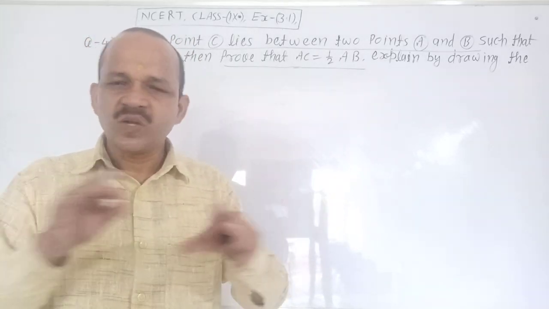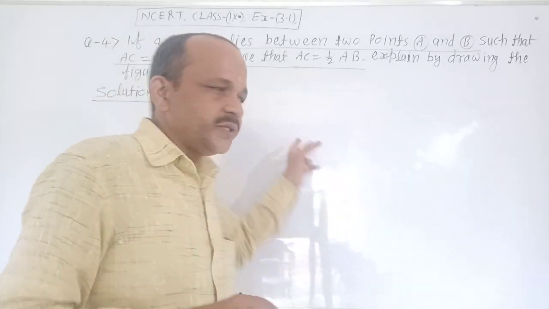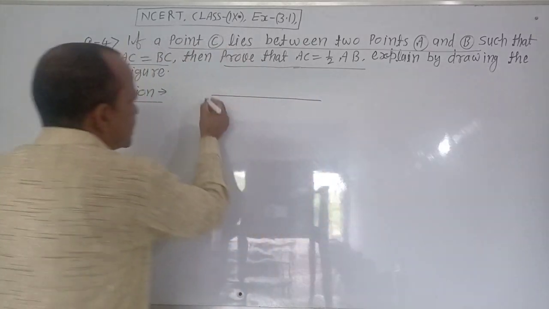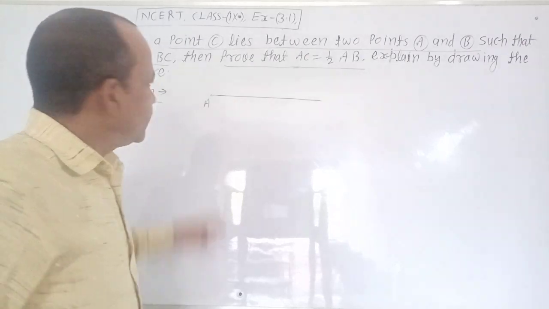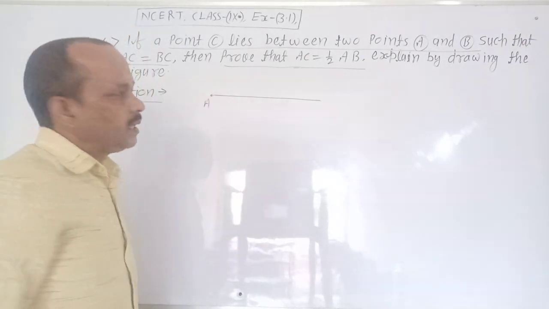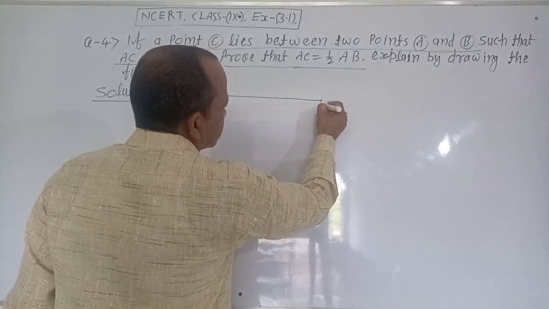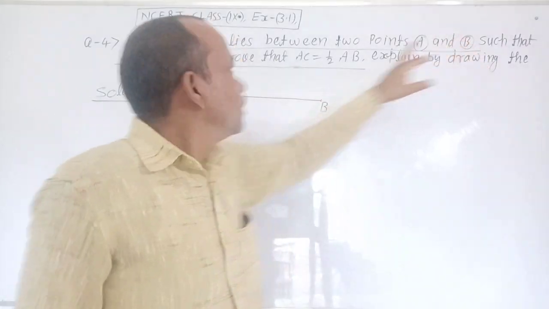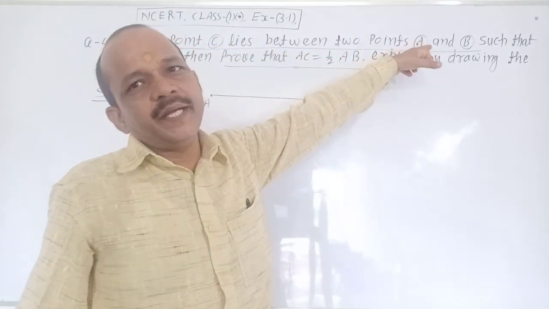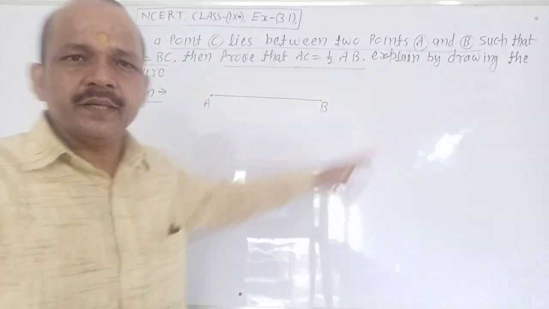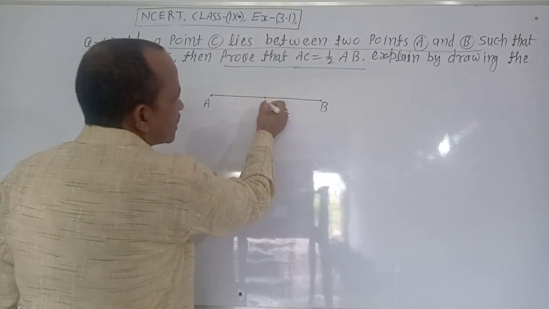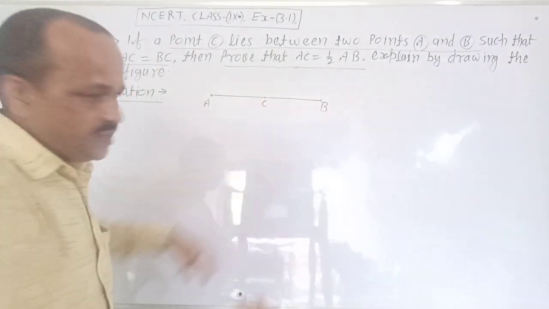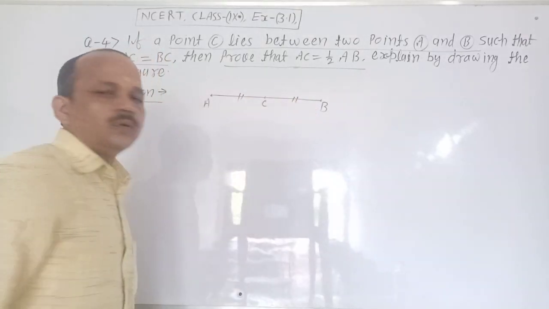My words are clear, no confusion about it. Very good. See the book. It is point A and it is point B. Point C lies between A and B. Here point C is between A and B. It means AC equal to BC.